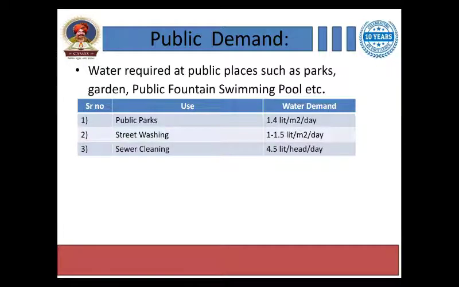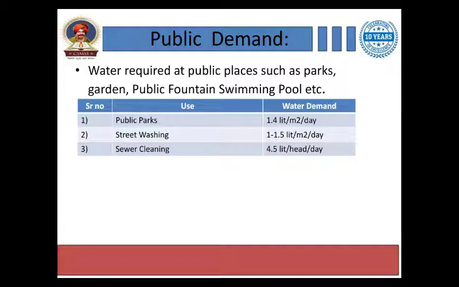Then public water demand. Public places such as gardens, right, parks and swimming pools. What will be the need of those public places? There are public parks, म्हणजे garden, right: 1.4 liters per meter square. If you want to supply water for 1 meter square of garden, then it will need 1.4 liters per meter square per day.